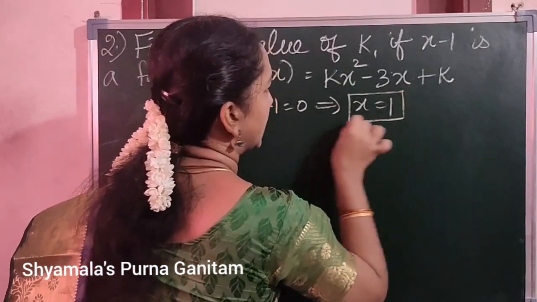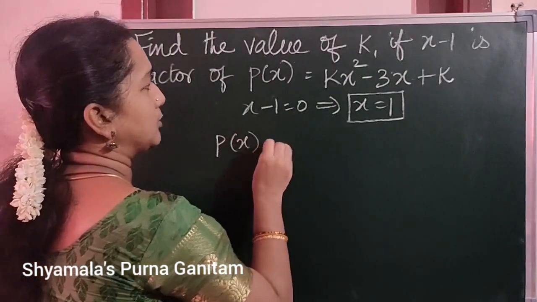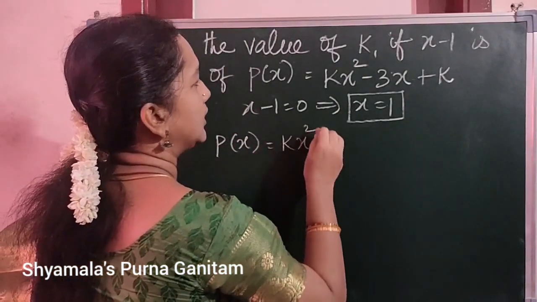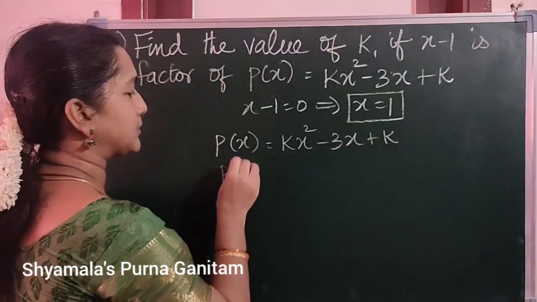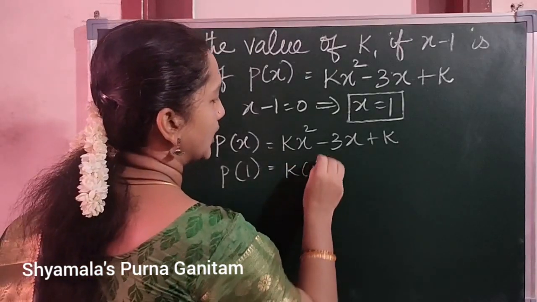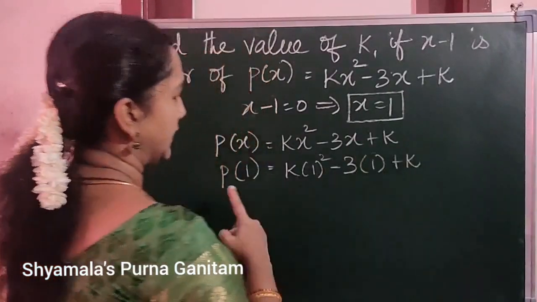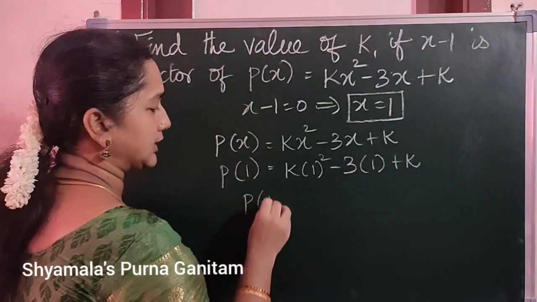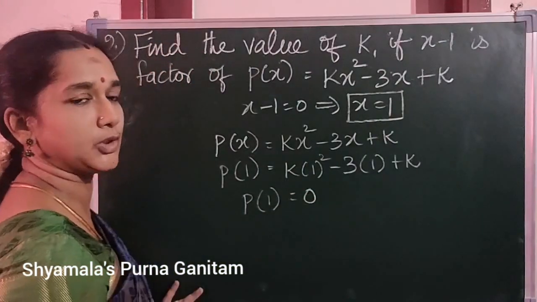We substitute x as 1 in the given polynomial, so k into 1 squared minus 3 into 1 plus k. It is given that x minus 1 is a factor, so p of 1 is equal to 0.